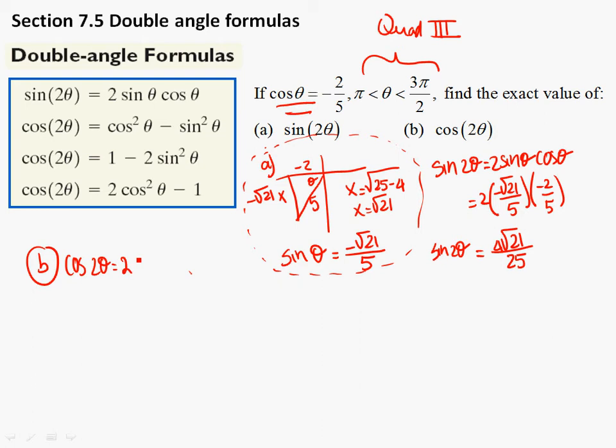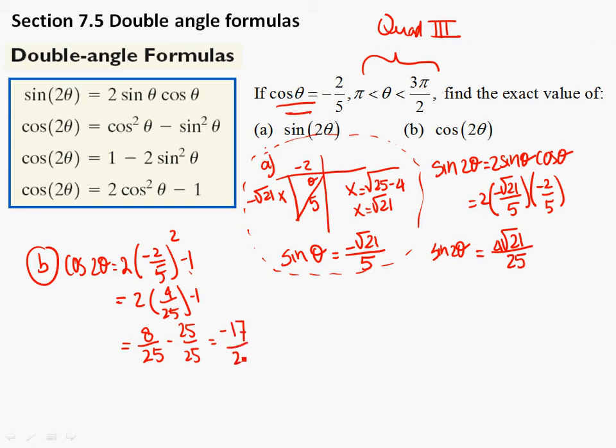So I could just do this: twice the cosine squared, which is -2/5, minus 1. So I do need to square it. That is important. So this is 2 times 4/25 minus 1. So that's 8/25 minus 25/25, which is -17/25. Does that make sense?